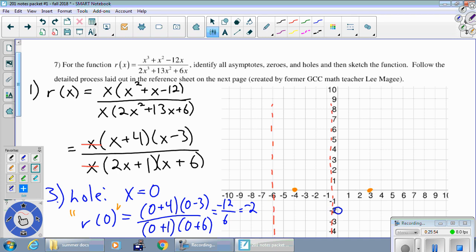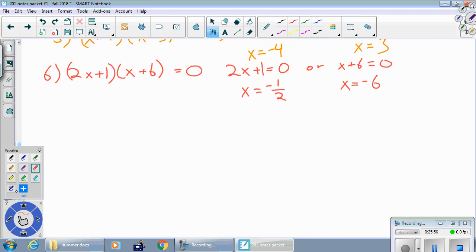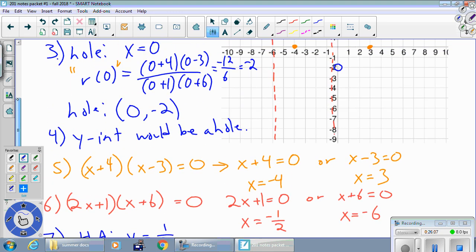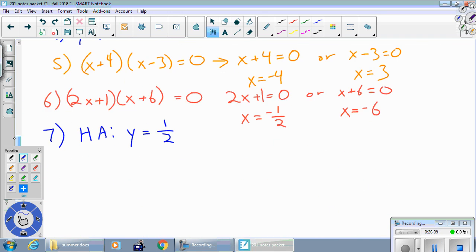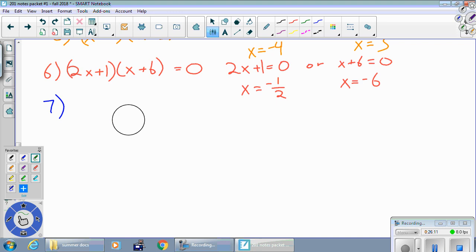And so there's not really a whole heck of a lot to write down here. It's a lot of thinking about things like I just discussed, but the horizontal asymptote is at y equals 1/2, and we're going to plot that in the same way as we plotted the vertical asymptote. Let's do this in a different color.